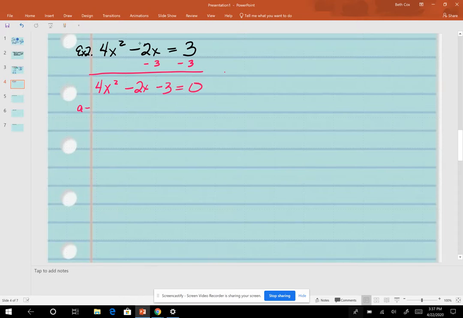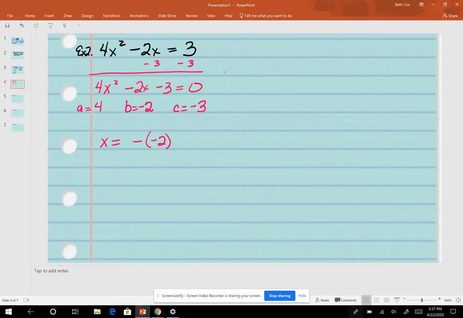So that means my a is 4, my b is negative 2, and my c is negative 3. Okay, I'm going to put these three numbers into my formula. And so that's going to be x equals negative b. So b is already negative, so there's that double negative.